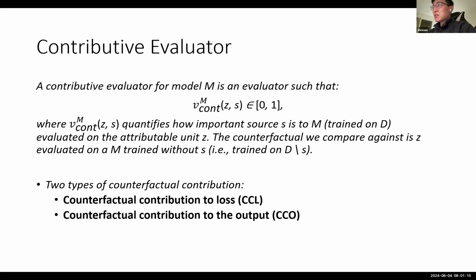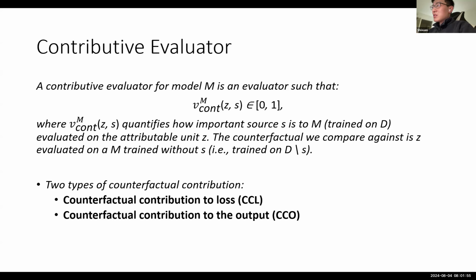There are also the contributive evaluators. This kind of evaluator is one we are more familiar with. It is a continuous evaluator and focuses on counterfactual effects of removing one training instance. When we are doing contributive attribution, our attribution domain is usually just the training data. There are also two types of counterfactual contributions, differing by the effects they focus on.